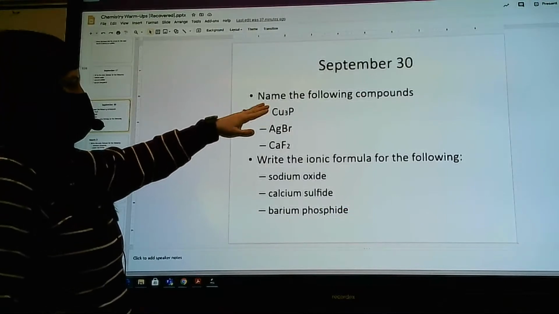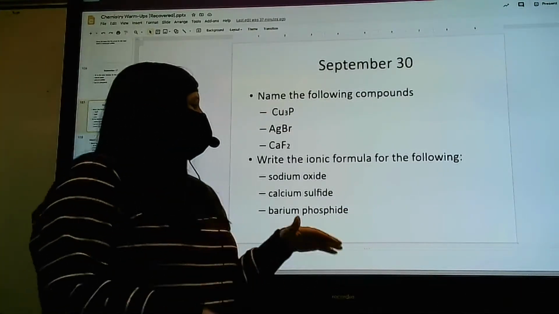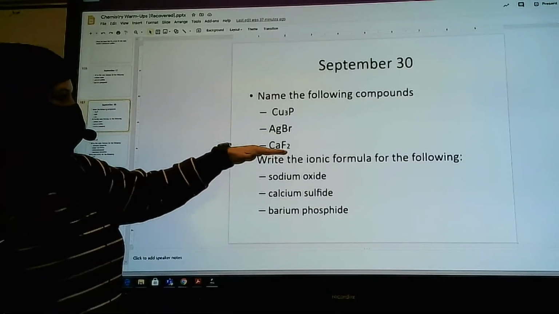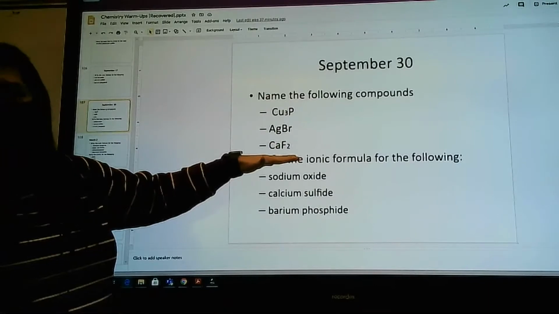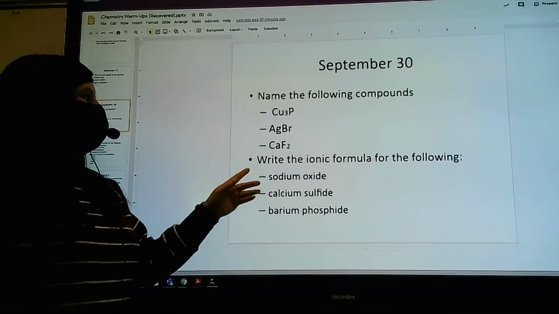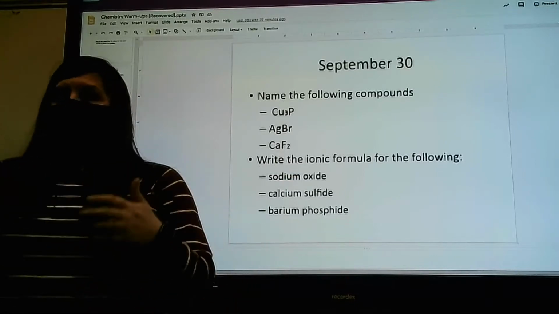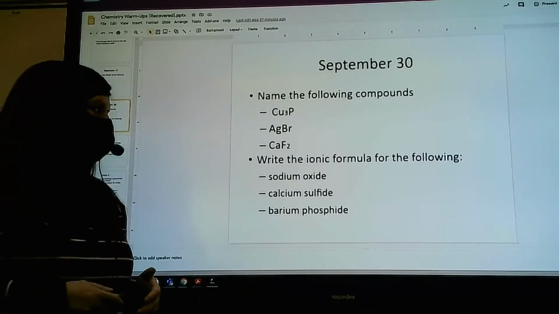When we're writing names, let's go out of order. Let's do the very bottom one first, CaF2, and I'll come back to the top. All you have to do is say the name as it is for that first one, that metal.